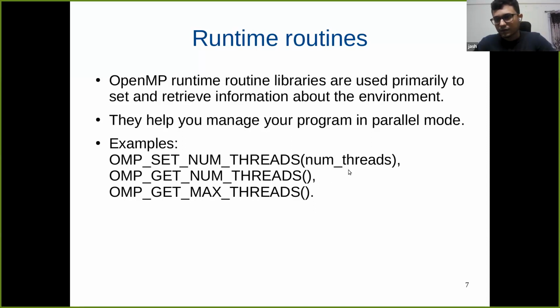This is the routine which tells us as programmers the number of threads in the current parallel region. Similarly, omp_set_num_threads is used to set the number of threads with which you want to execute your parallel region, and so on. We'll see all of them as we go ahead in our course. Any questions up till now?